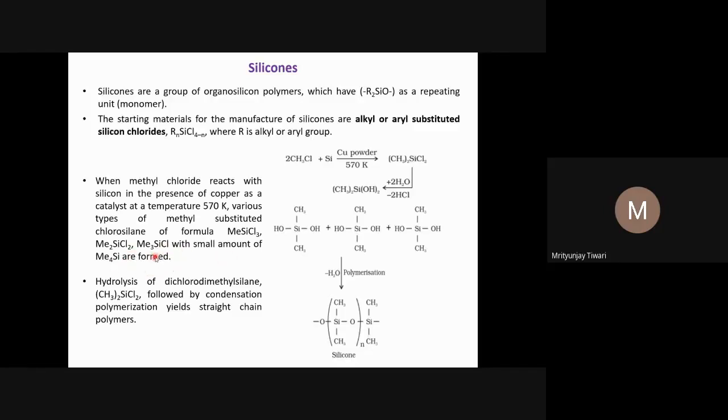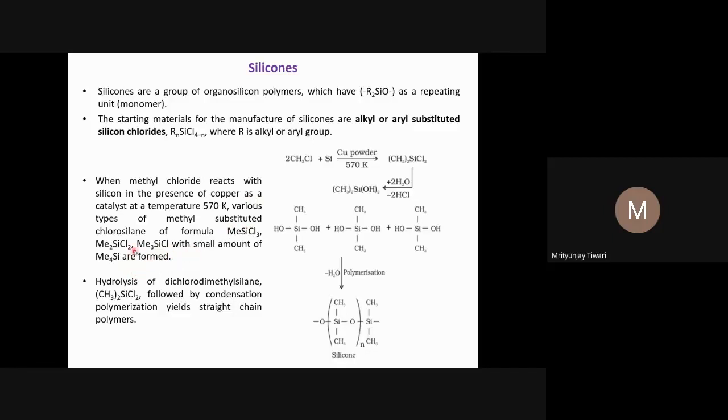These are all methyl silanes. This is trichloromethylsilane, this is dichlorodimethylsilane, this is chlorotrimethylsilane, and this is tetramethylsilane. So these kinds of silane groups will be formed.